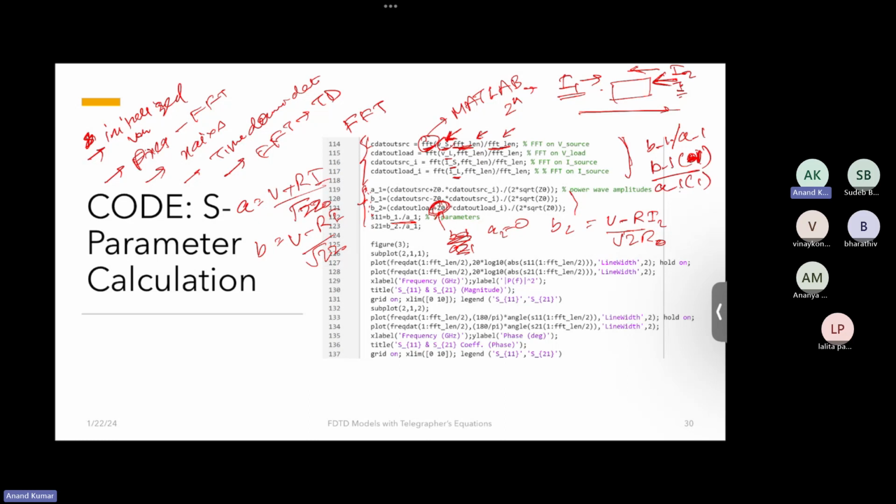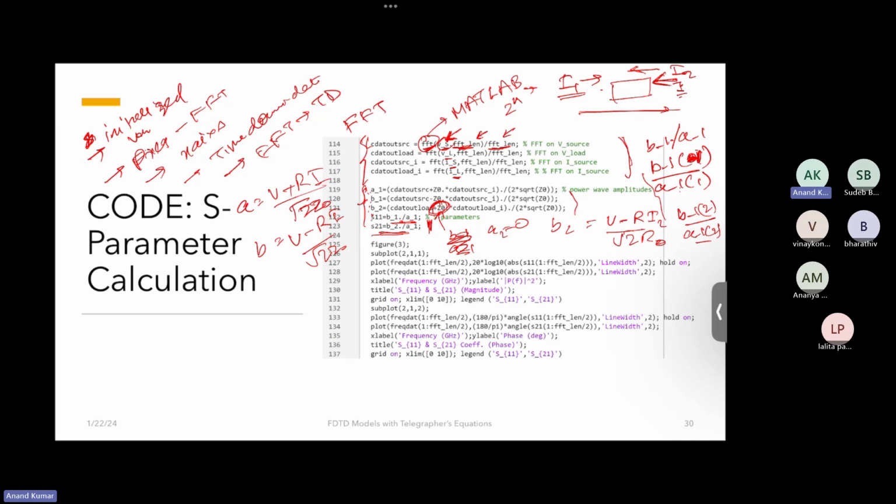Each entry is divided, and not the entire matrix. Similarly, the next value for B1 at index 2 is divided by A1 at index 2. I hope you follow this. Make sure that you put this dot symbol over here for the vector multiplication or division for calculating the S parameters.